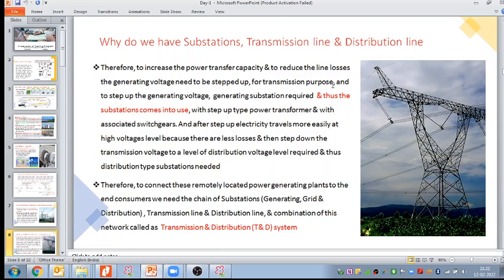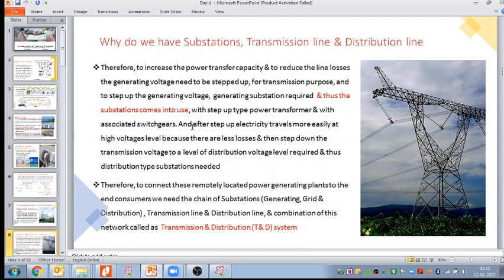The generating voltage needs to be stepped up for transmission purposes, and to step it up, a generating substation is required. Thus the substation comes into the picture, with a step up type power transformer and associated switchgear.